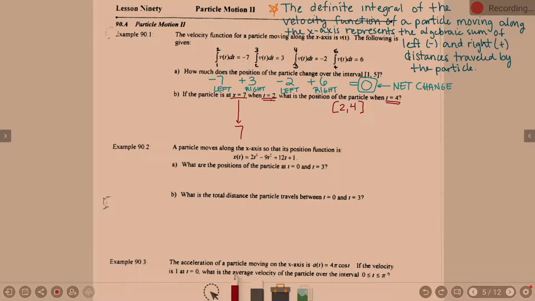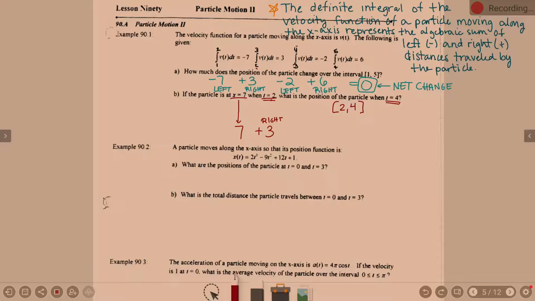Right, that's at t equals 2. So we're going to start here. Basically, we need to go from 2 to 4, right? So from 7, the first thing we're going to do is we're going to go right 3. Because from time 2 to 3, we're going to go right 3.